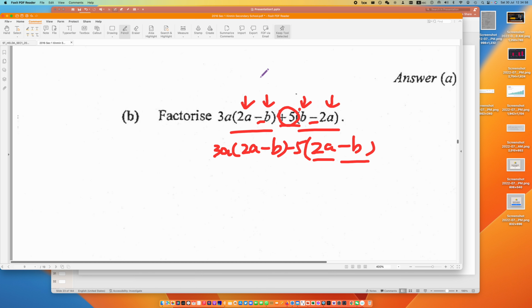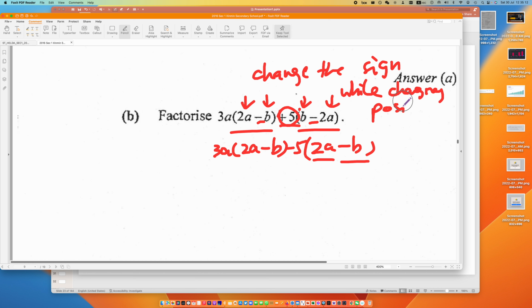So this is called, if the difference is only positional, you change the sign while changing the position. So I change the position, I change the sign in front.